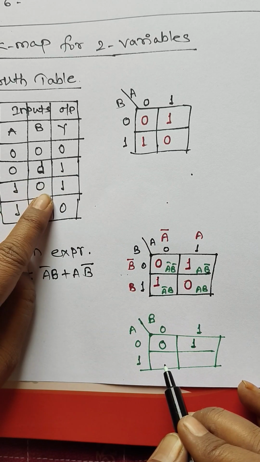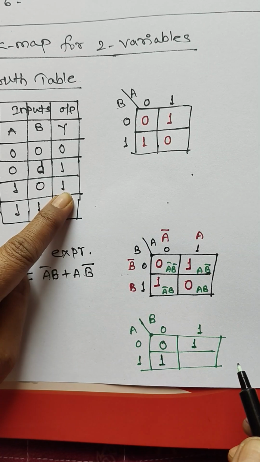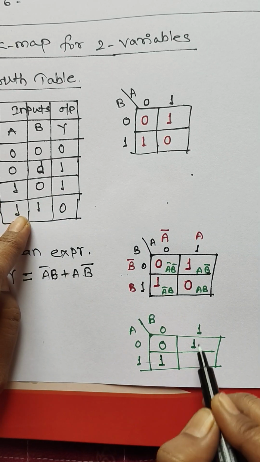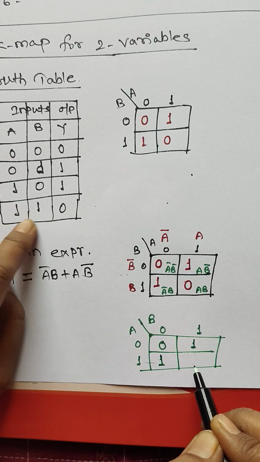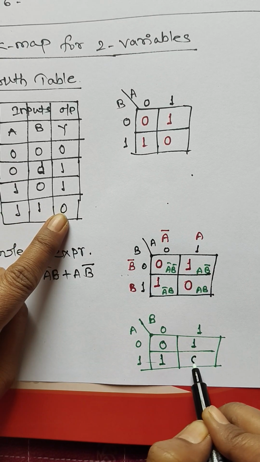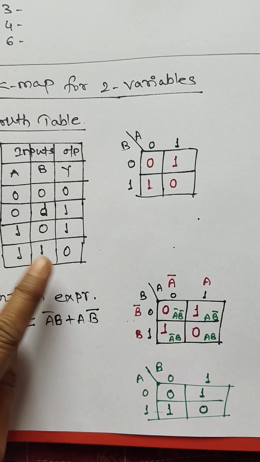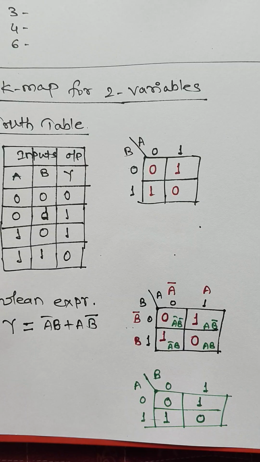A is 1, B is 0. The value of 1 should be put here. And A is 1, B is 1. A is 1, B is 1 in the truth table. The value of Y is 0. We need to put it here. Okay. So no issue if you put your variables in the reverse way.